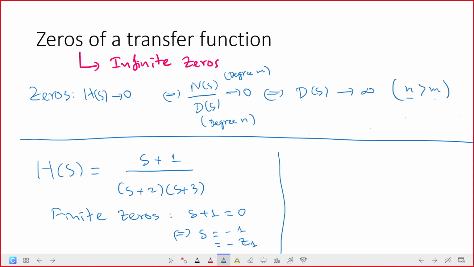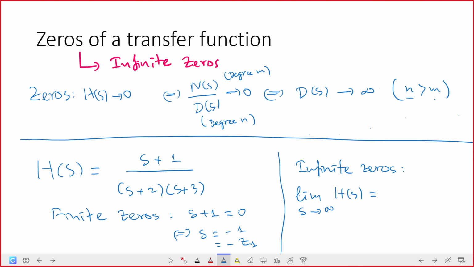And for the infinite zero, we take the limit as s goes to infinity of H of s.